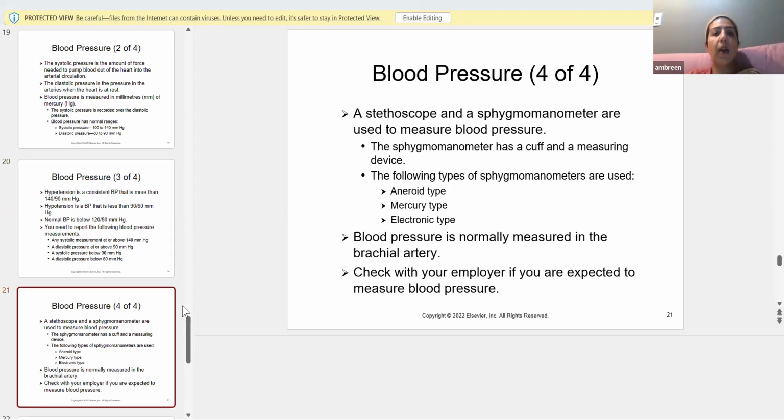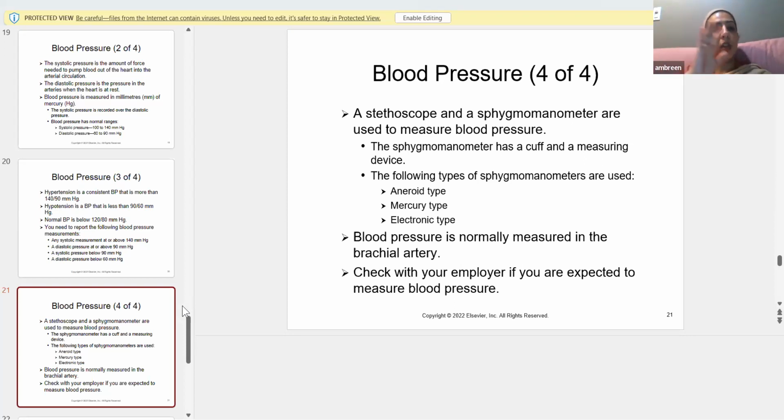A stethoscope and a sphygmomanometer are used to measure blood pressures. Stethoscope, we hear from it. You guys know what the stethoscope is, right? The stethoscope is always used to listen, and the sphygmomanometer is the one where we put the blood pressure cuff. We do not use manual ones.